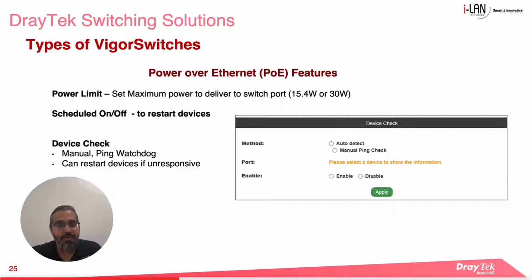This can be handy for devices that have a tendency to get locked up and freeze, and other issues. In addition, there is the device check feature where the WiGA switch can send ping packets to check if the device is responsive. If the attached device becomes unresponsive, it can be power cycled by switching power off and on for that LAN port.